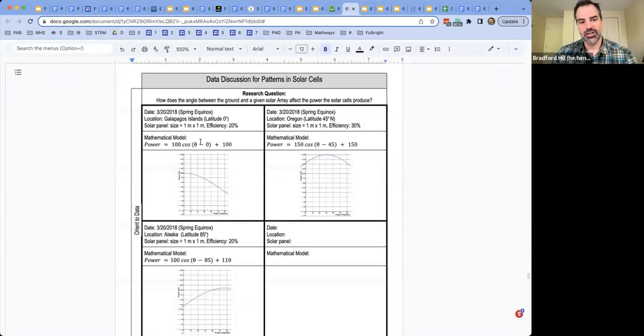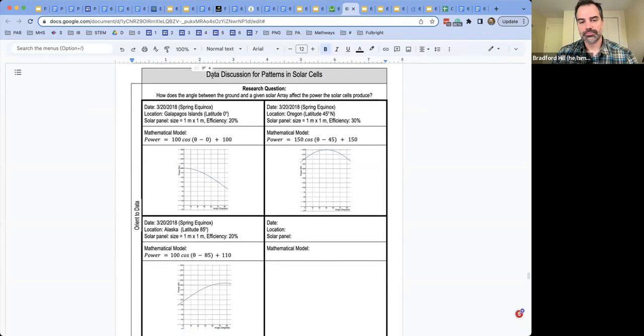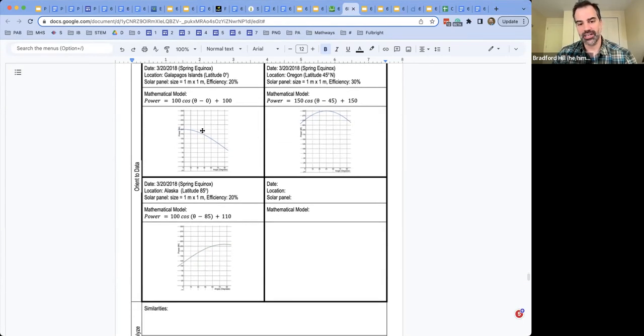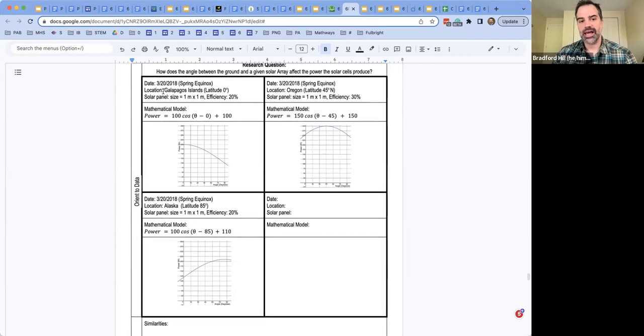So in any case, it's a culminating data discussion for the physics year, and it does introduce that new pattern. But again, going back to the Galapagos, Oregon, and Alaska, walk students through, and of course they might need some teacher guidance too.